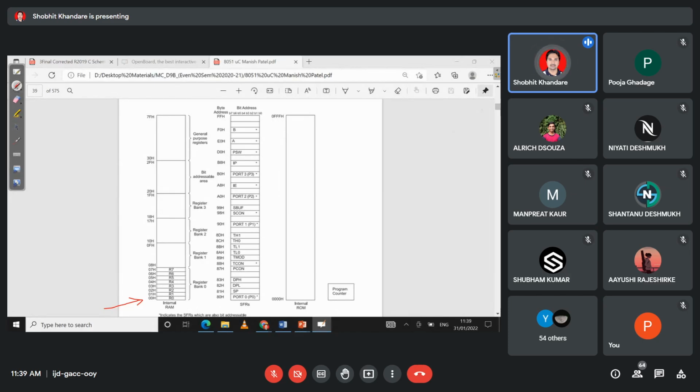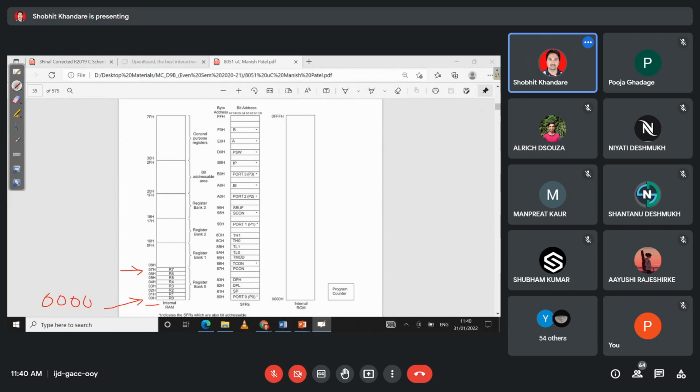If I want to show 00 in bits, I can show it as 0000. So the first location is your R0. So your register bank 0 is from address 00H to 07H.